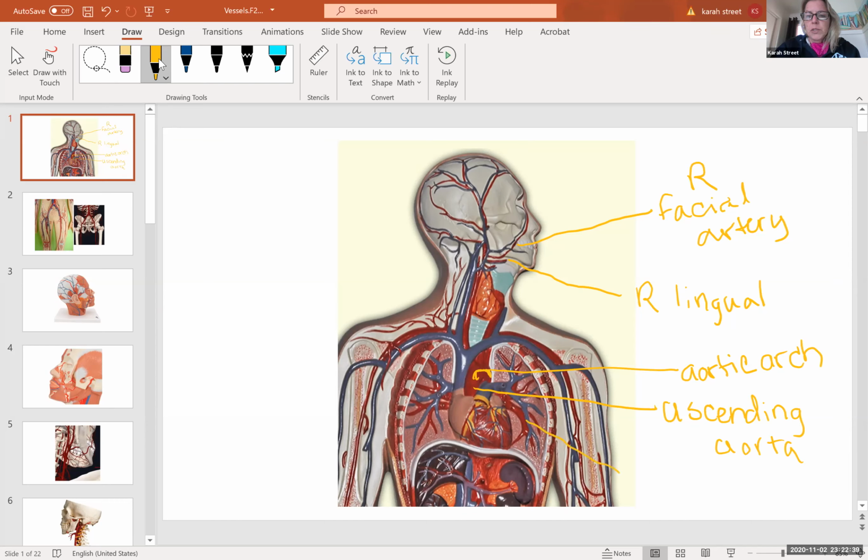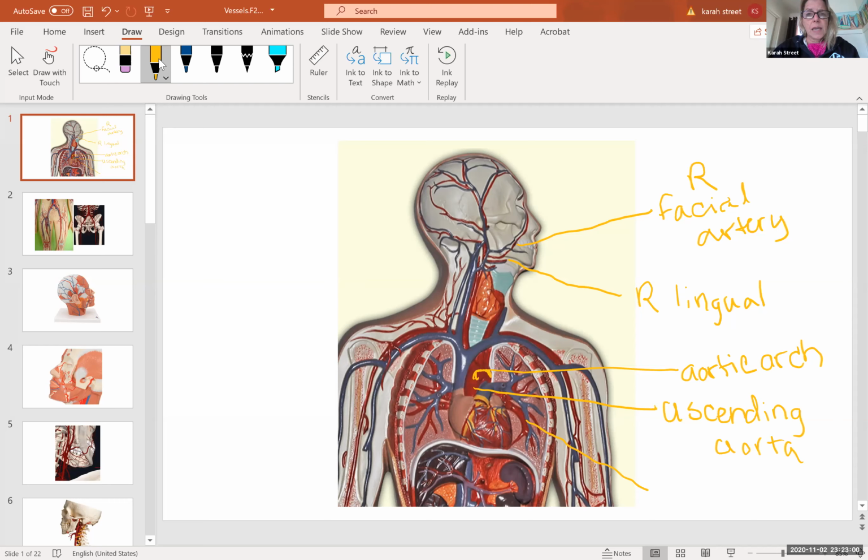Shown in blue, remember, a blue color does not guarantee that it's a vein. The definition of a vein is a vessel that returns blood toward the heart. The definition of a vein is not whether it carries oxygenated blood or deoxygenated blood.